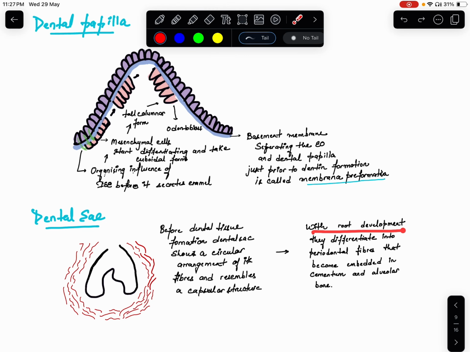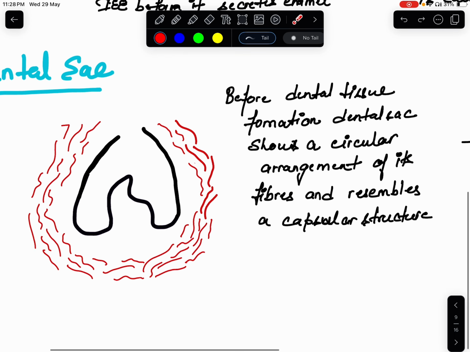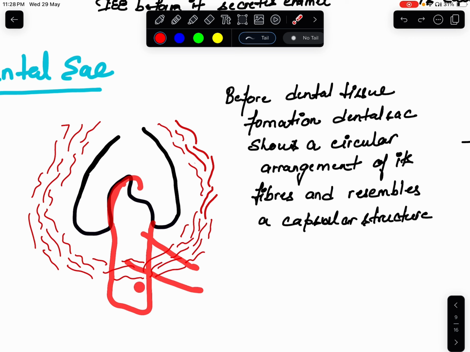With root development, these differentiate into periodontal fibers that become embedded in the cementum and the alveolar bone. Right now the crown is developing. When the roots start developing, these fibers will form the periodontal ligament and will be embedded in the cementum and the alveolar bone.